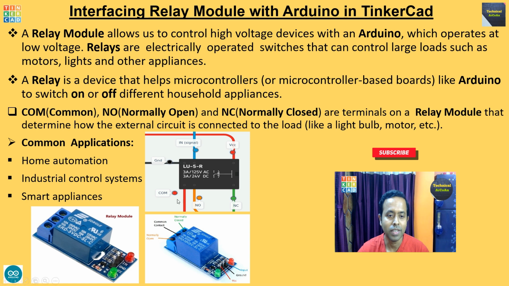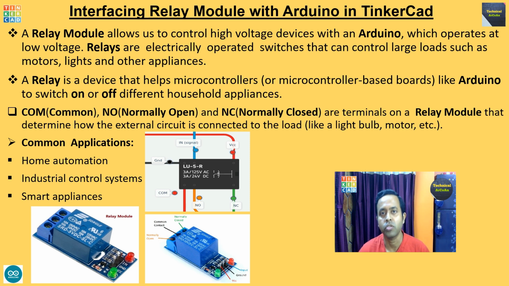These two pictures are relay modules where the different pins are given, and this is also the relay module used within the Tinkercad web application. This is the terminal COM, NO and NC, and also the three terminals which connect to the ground, the digital pin and the 5 volt through the Arduino UNO board.